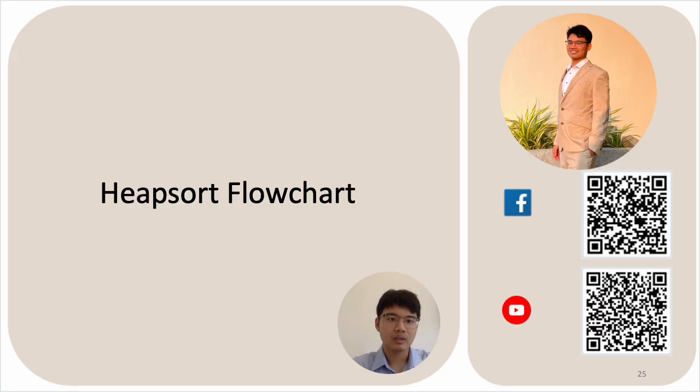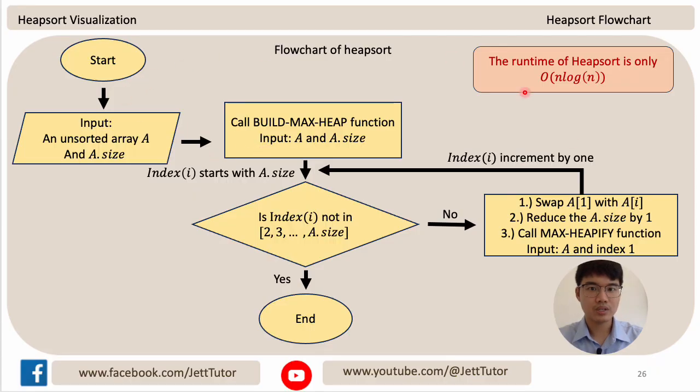Now let me talk about the Heapsort Flowchart. So this is the Heapsort Flowchart. So start, we input an unsorted array A and its size. Then we call the BUILD-MAX-HEAP function to construct a heap.